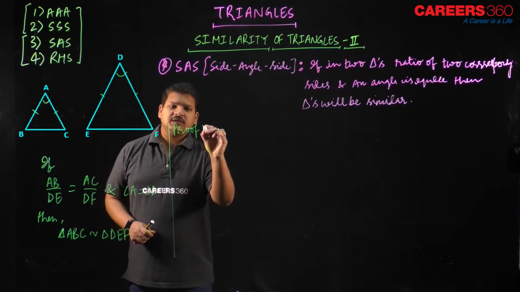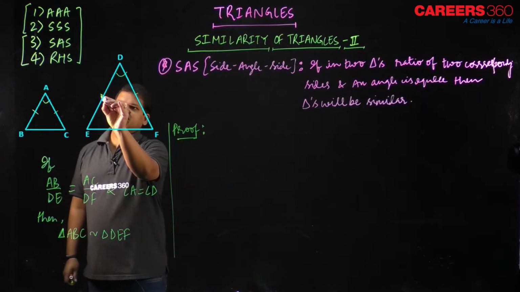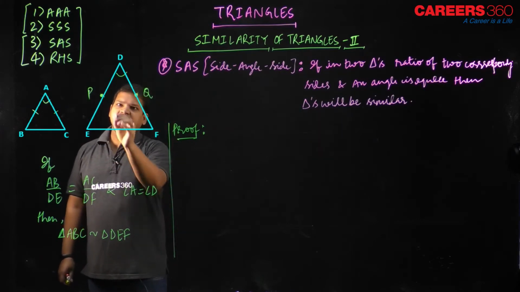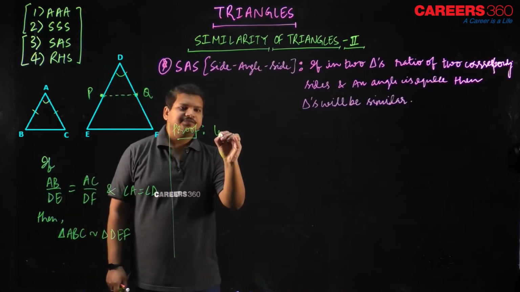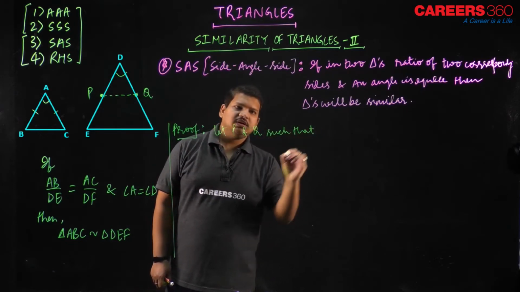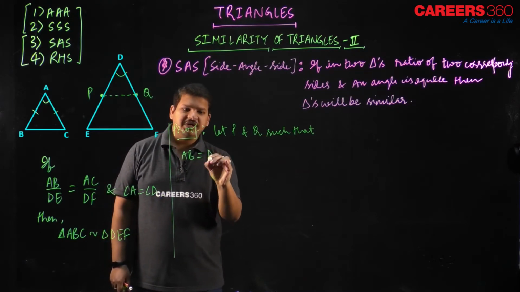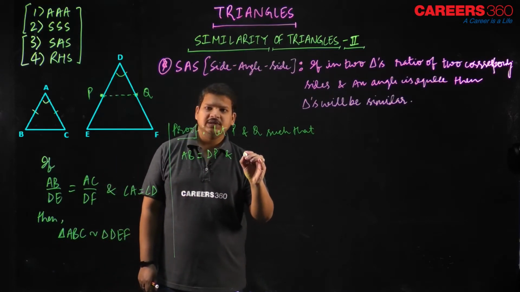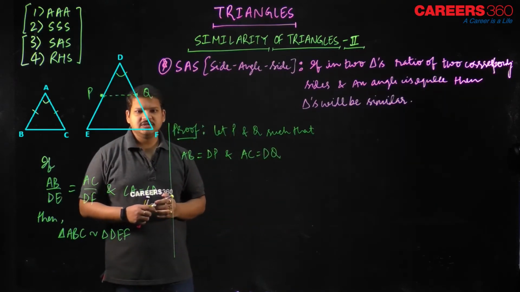I hope you are getting the pattern over here. Again I am considering two points, P and Q, and drawing one construction. Let P and Q be such that AB is equal to DP and AC is equal to DQ.